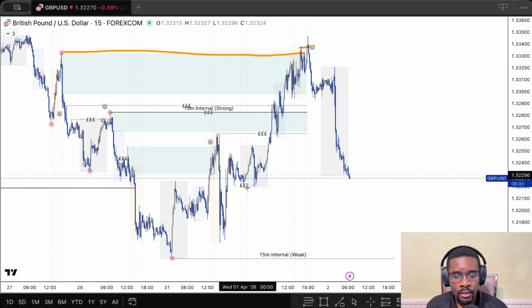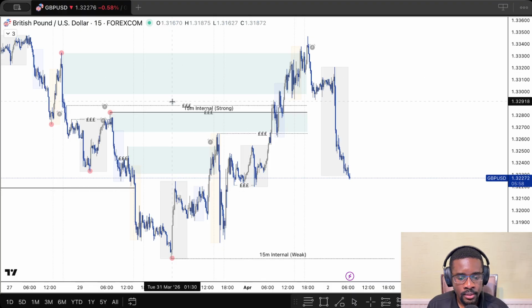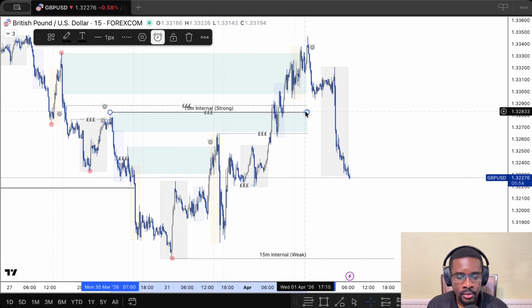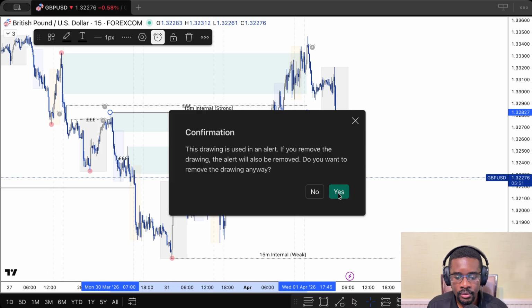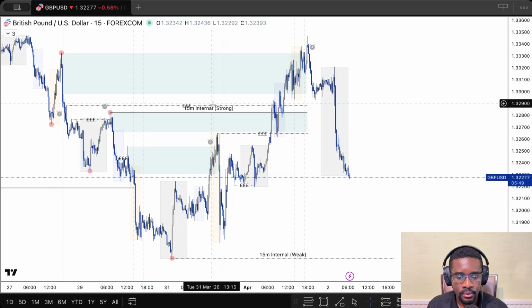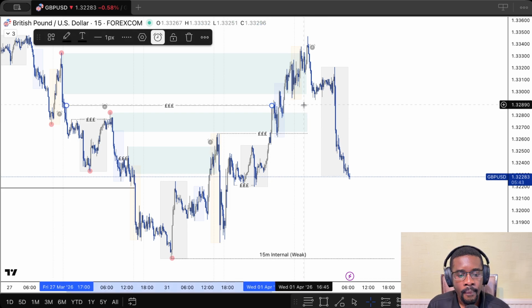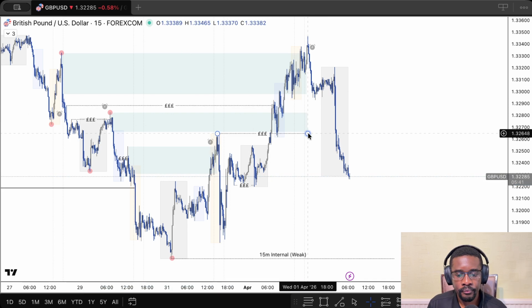Looking at the details, obviously the strong high was eliminated. Okay, all these areas of liquidity were taken, no longer relevant.